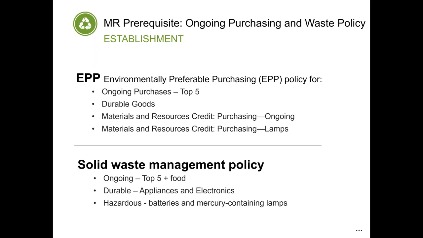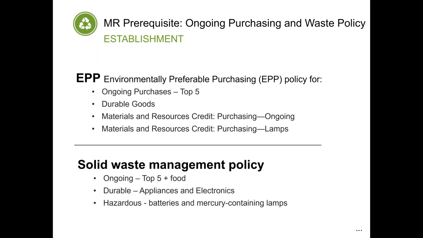Those are your ongoing purchases. So maybe it's copy paper and notebooks, so on and so forth. Whatever those categories are, it's identifying what they are and listing some goals in that environmentally preferable purchasing plan. You'll also address durable goods, and we're going to go into the definition of those in just a bit. And then you'll look at your ongoing purchases of lamps.